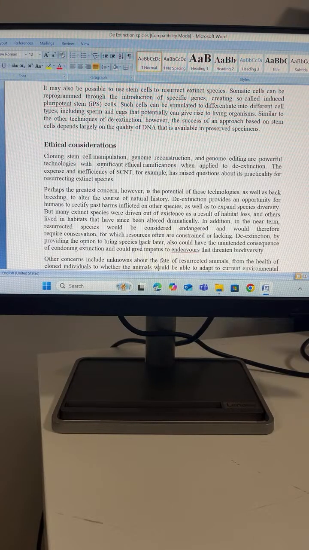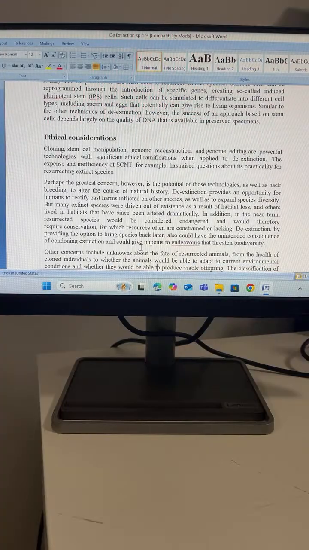In addition, in the near term, resurrected species would be considered endangered and would therefore require conservation, for which resources often are constrained or lacking. De-extinction, by providing the option to bring species back later, also could have the unintended consequence of condoning extinction and could give impetus to endeavors that threaten biodiversity.